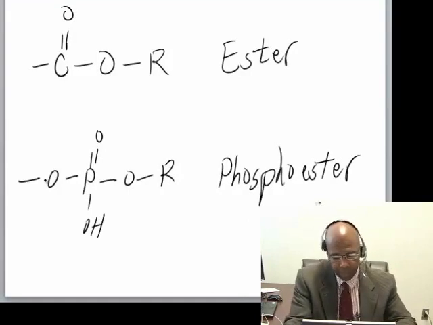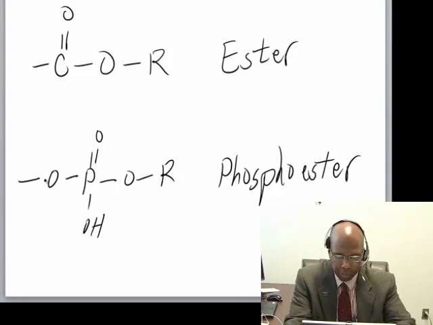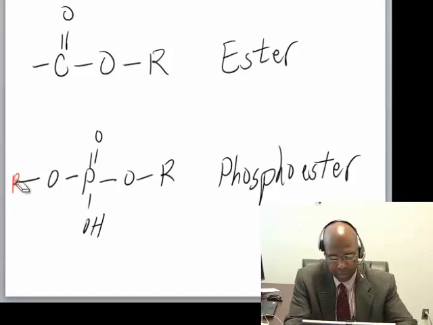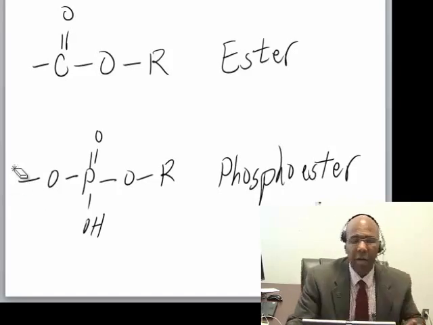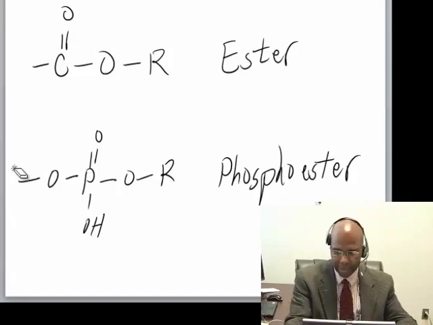And if we put an R on the other side, we'd get a phosphodiester, and that's found in nucleic acids. I'm not going to draw it here, but if you put another R group right there, that would be a phosphodiester. I don't want to take a lot of time on this.